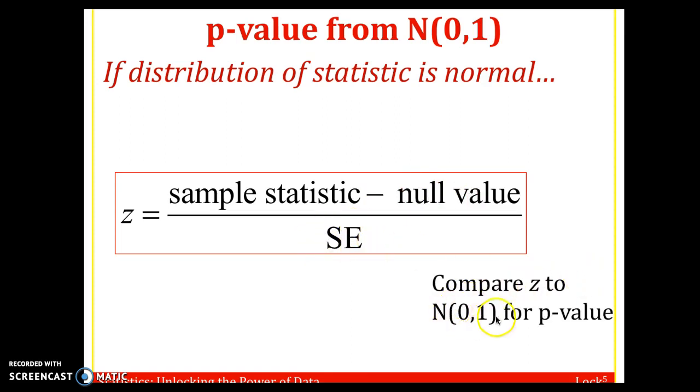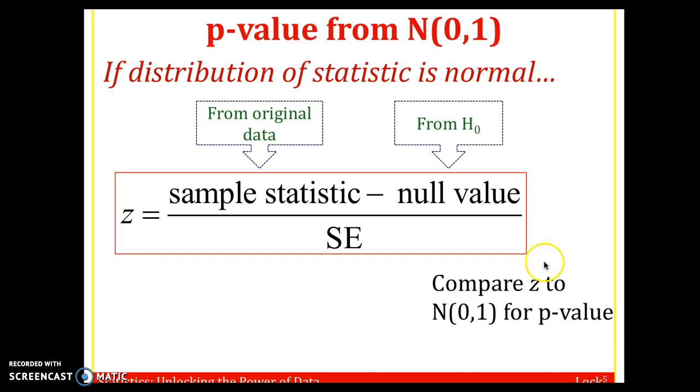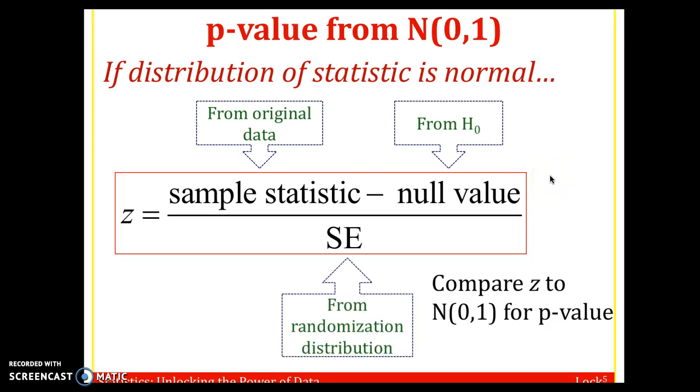Compare that z to the normal distribution at 0, 1 to compute a p-value. Keep in mind, the statistic is from the data. The null value is from the assumed to be true null hypothesis. And for right now, the standard error is from a randomization distribution. Doing those bootstrap distributions. In chapter 6, we'll talk about formulas to actually compute standard error.